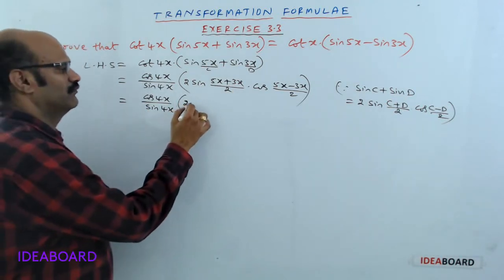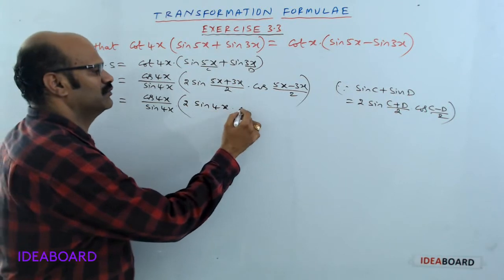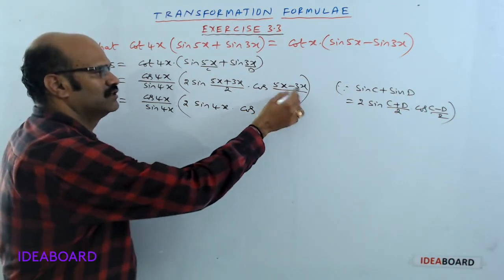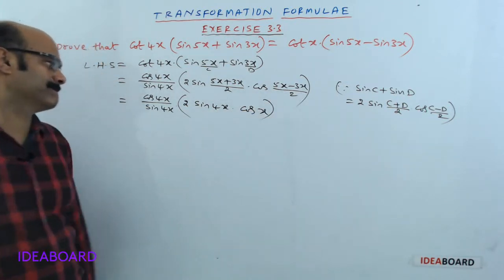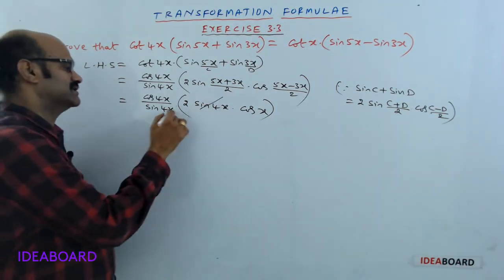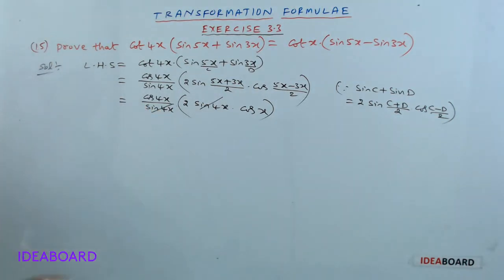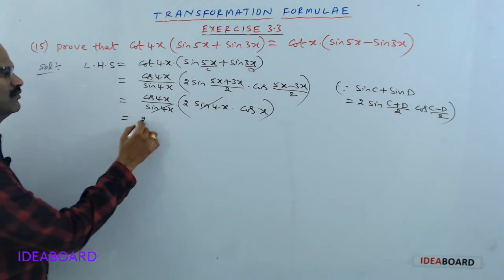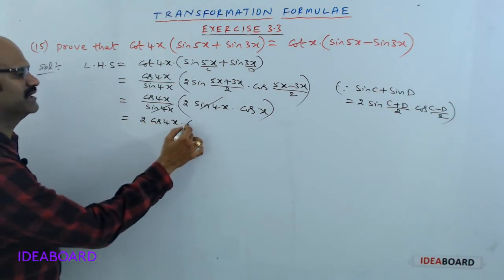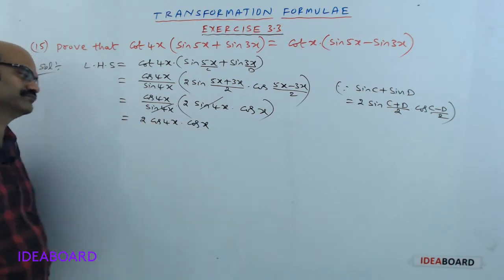So it implies we have 2 sin 4x into cos of 2x by 2, that is x. So sin 4x cancels, so that it's equal to 2 cos 4x into cos x.